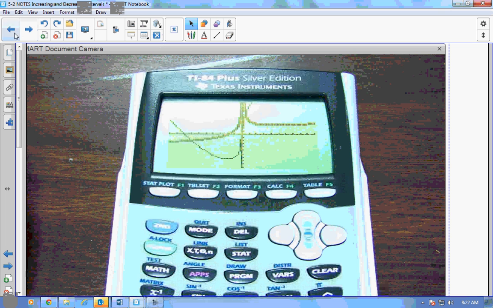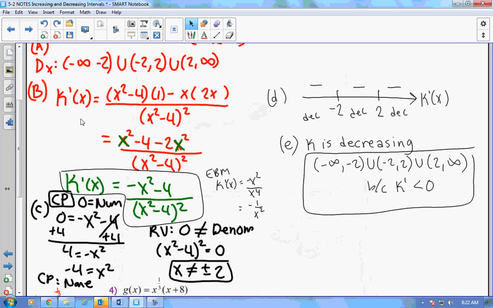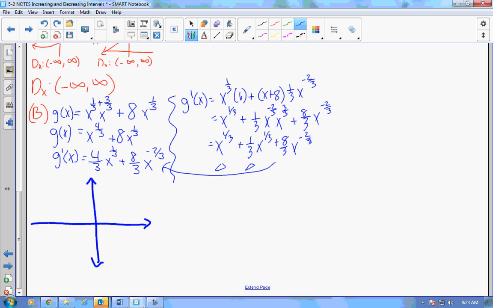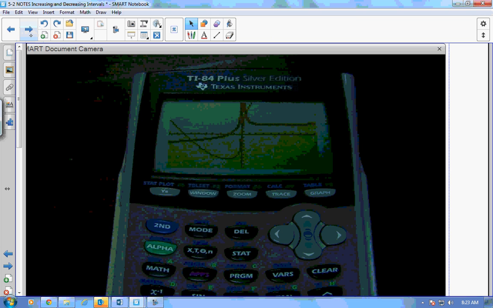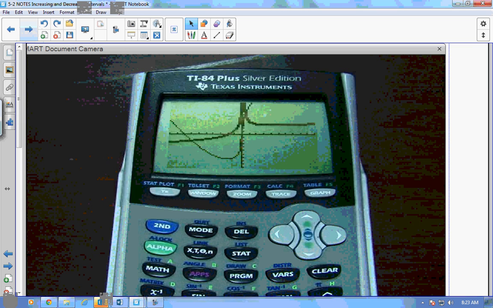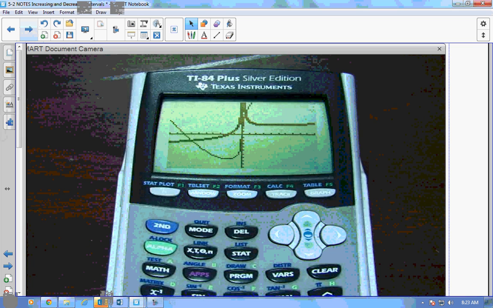If I go back to my notes really quick, let's roughly sketch what the derivative looks like. Actually, we need to find on our graph, for part C, to help sketch this, let's find the critical point.